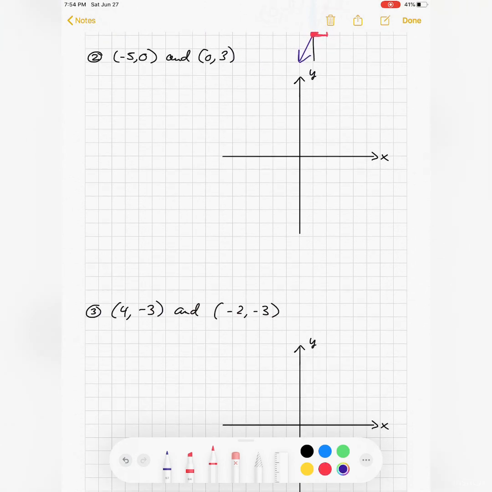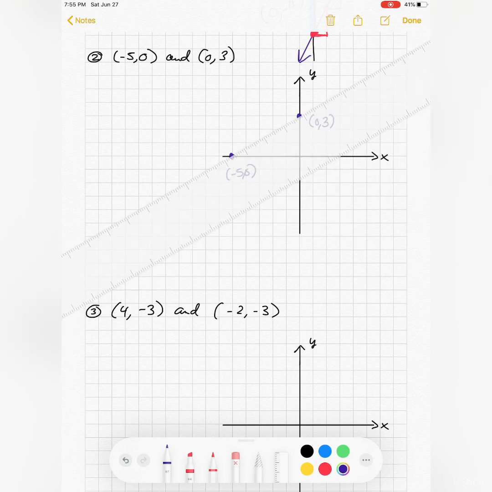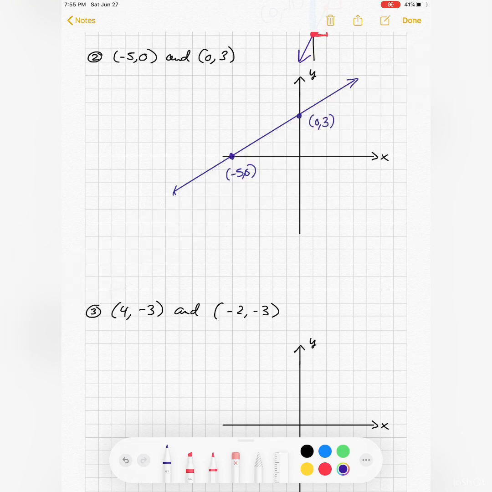Number 2. So here we have the intercepts. The x-intercept, negative 5, 0. The y-intercept, 0, 3. Setting up to find my slope.